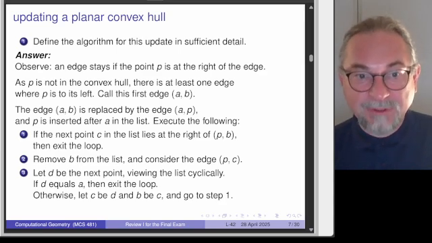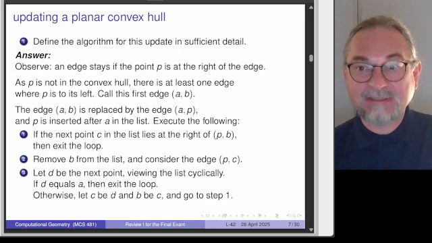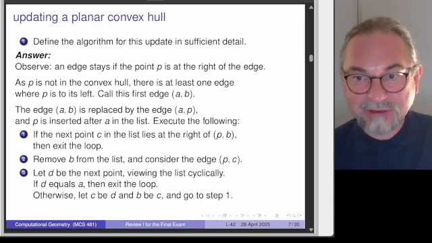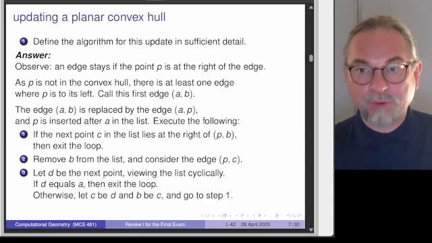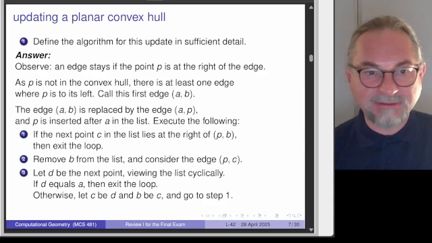Okay, but we are given a point that we know doesn't lie inside the convex hull, so there is at least one edge for which that point is on the wrong side.